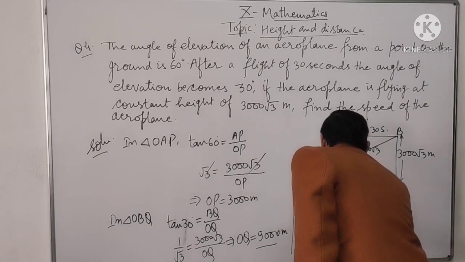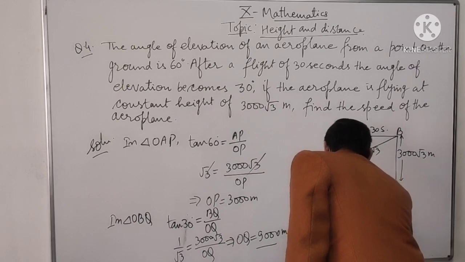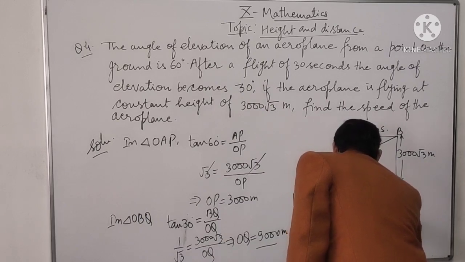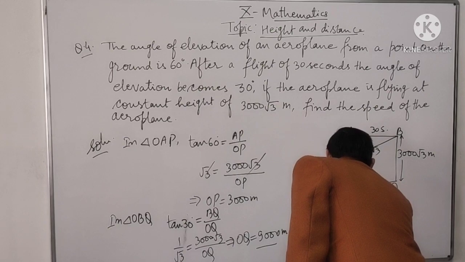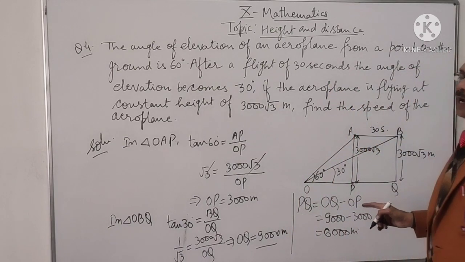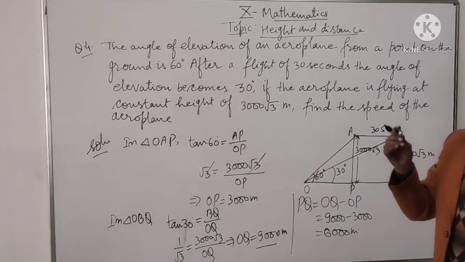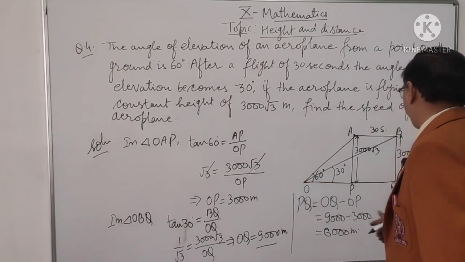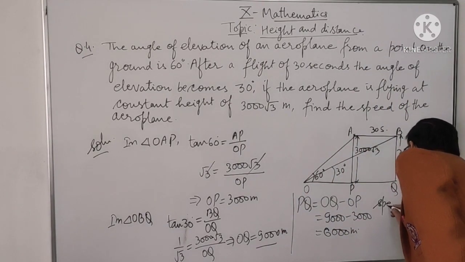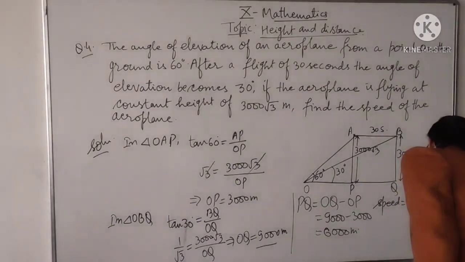PQ is OQ minus OP. It is 9000 minus 3000. So it is 6000 meters. Now to find the speed, speed equals distance upon time.